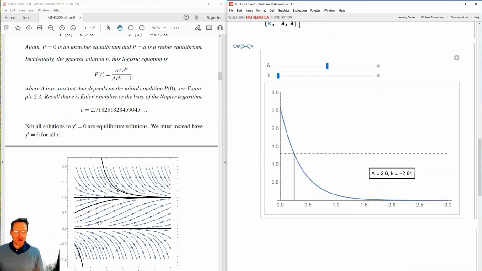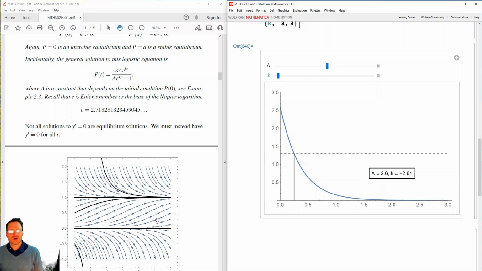Okay, so if your initial condition is somewhere between 0 and a, here I've got an a value equal to 1, just for example. So if it starts out between 0 and 1, your trajectories here will tend towards a, because that is a stable equilibrium. So that's what that black curve is. It's just a particular choice of uppercase A in this solution curve, which corresponds to a particular initial value.